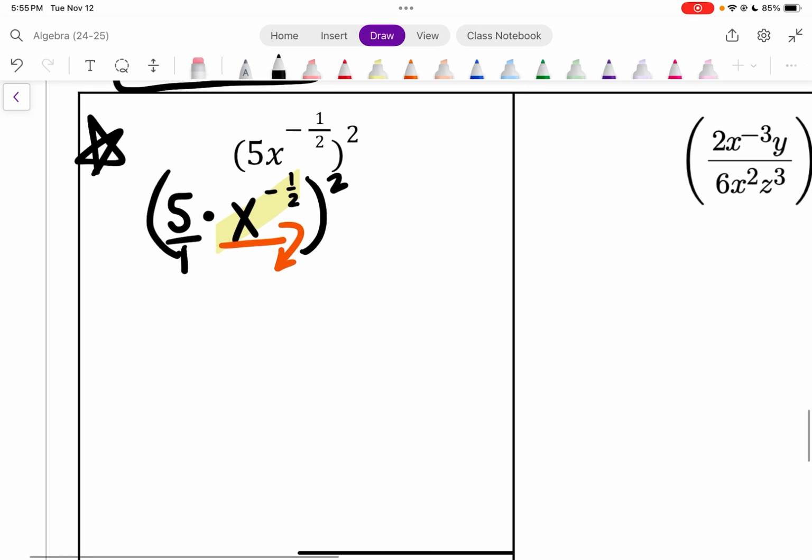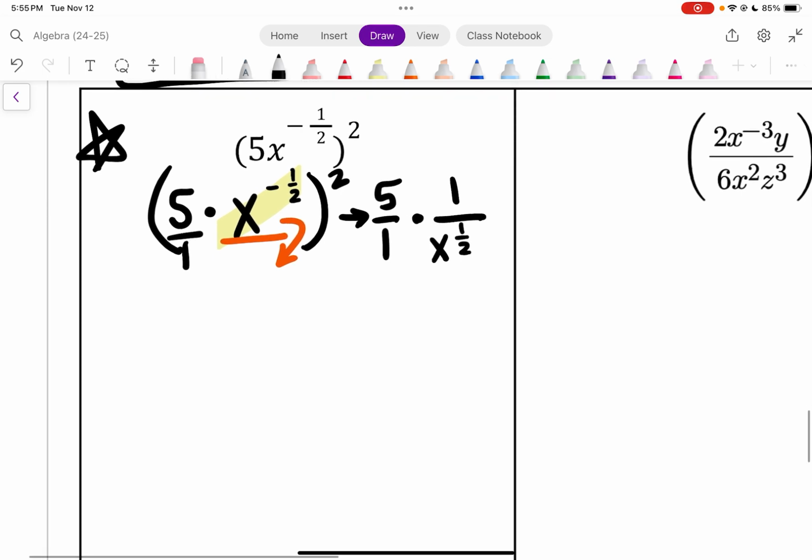So once I make one a fraction, I'm going to make the other one a fraction. So now I have inside my parentheses 5 over x to the 1/2 because the x is now in the denominator. Okay, if you need to see how that's written out, this was technically 5 over 1 times 1 over x to the positive 1/2.